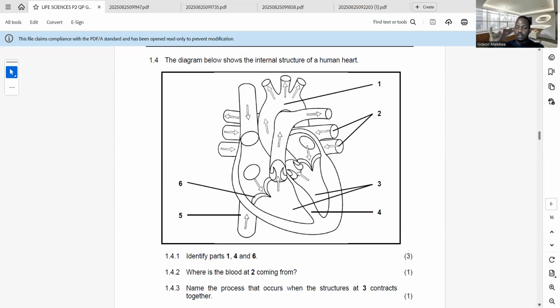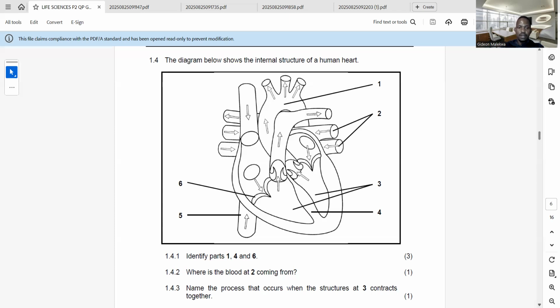Left goes with bi. Let's repeat that until we know it. Right and tri. Bi and left. So the tricuspid valve is found on the right-hand side. The bicuspid valve is found on the left-hand side. So part number 6 is the tricuspid valve.